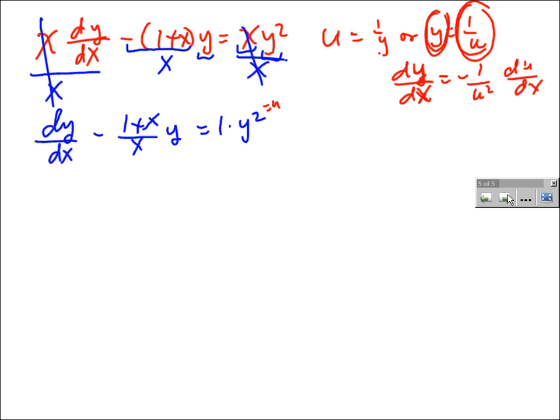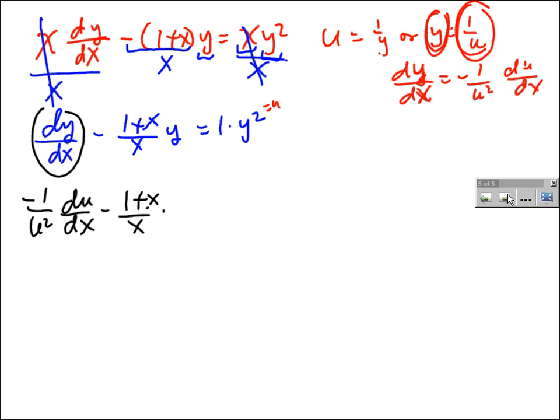Okay, dy dx is negative 1 over u squared du dx minus 1 plus x over x times y, where y is 1 over u, is y squared. It's 1 squared over u squared. And 1 squared is 1.